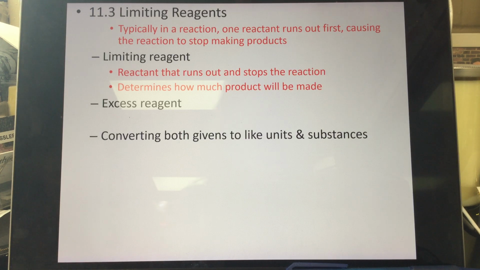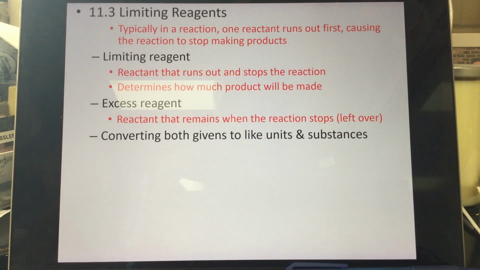As opposed to the other reactant that you've seen again in your homework assignments saying excess this or excess that. The other reactant then is referred to as the excess reagent, and that's the reactant that we still have some of left once the reaction stops. So that's our leftover or excess reagent.